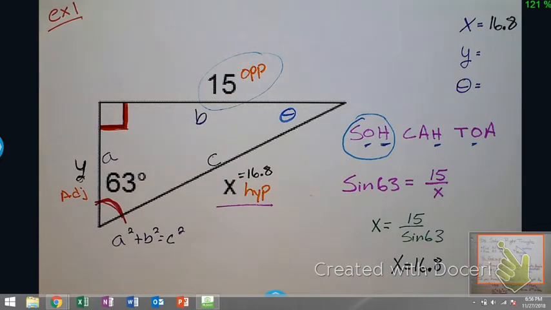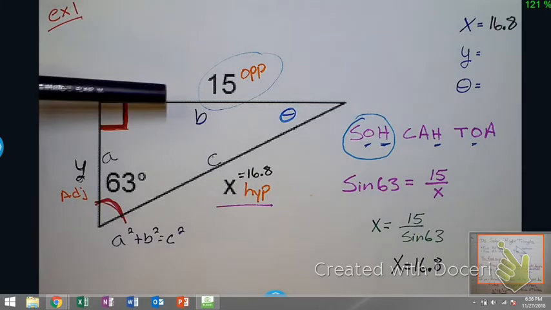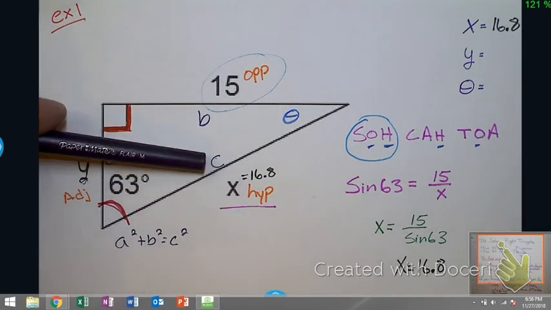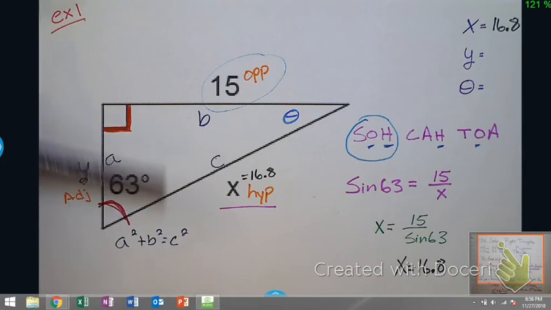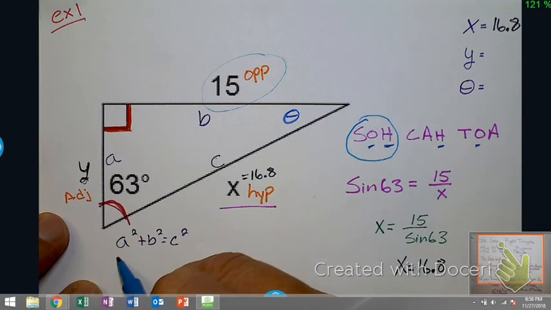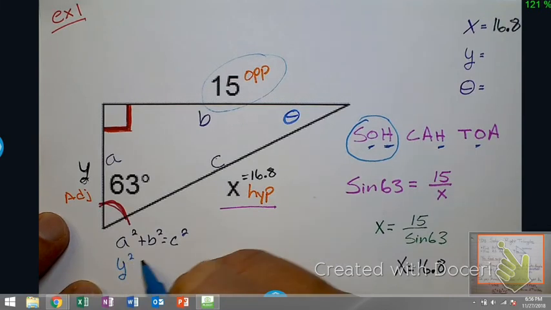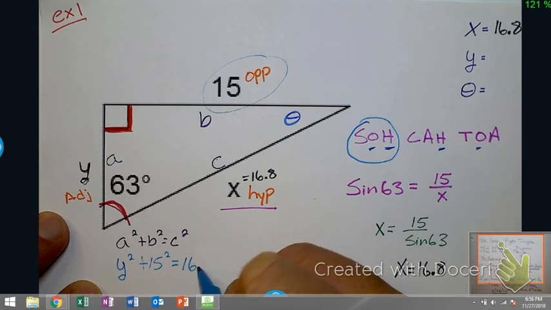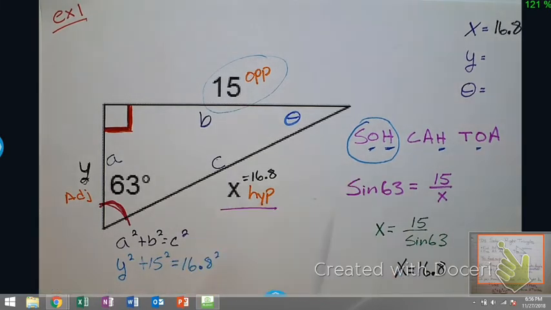Now that I know the opposite side B is 15, and the hypotenuse is 16.8, that's C, I can plug them into my Pythagorean theorem and solve for the missing side. Y squared plus 15 squared equals 16.8 squared.